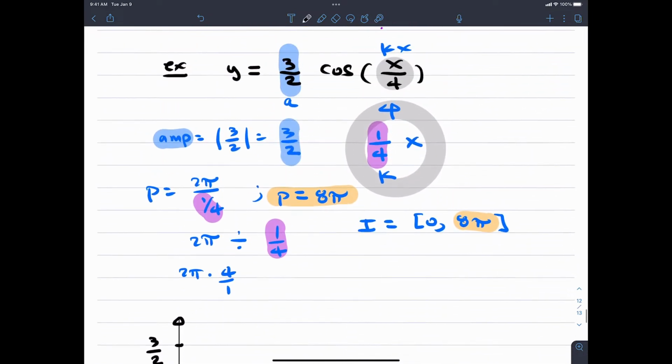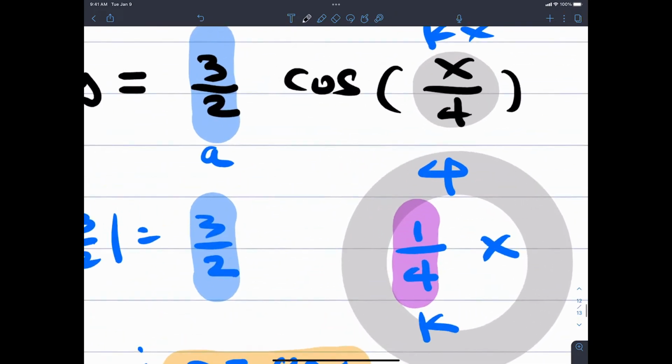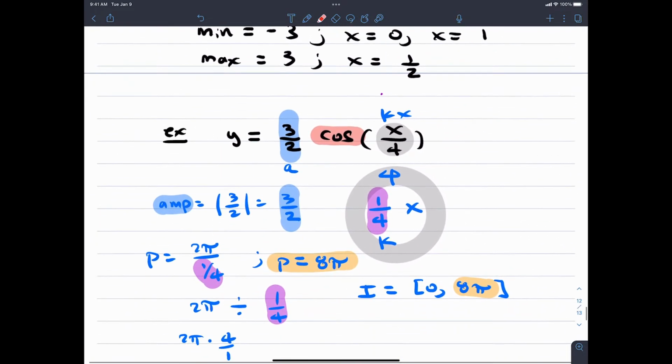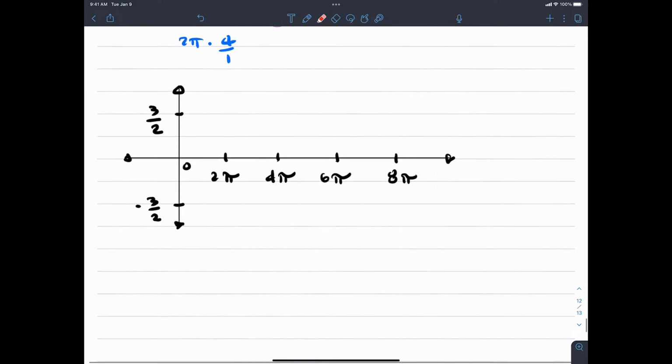All right, now, what do you guys do next? What do you guys know? What kind of curve is this again? This is the what? Cosine curve. It's a cosine? Yes. How does cosine behave, ladies and gentlemen? Do you guys know how cosine behaves?